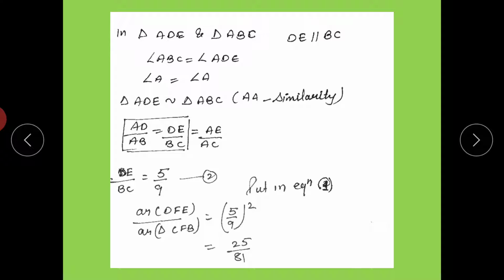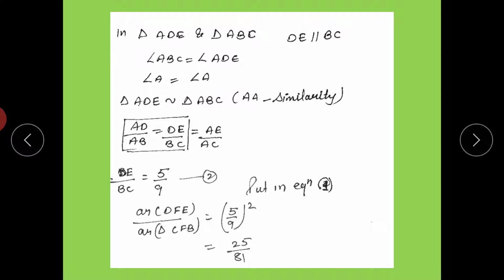If these are similar, then AD upon AB is equal to DE upon BC, and this DE upon BC we have to prove. DE upon BC is equal to 5 by 9, that we proved. AD upon AB is equal to 5 by 9, so DE upon BC is equal to 5 by 9.